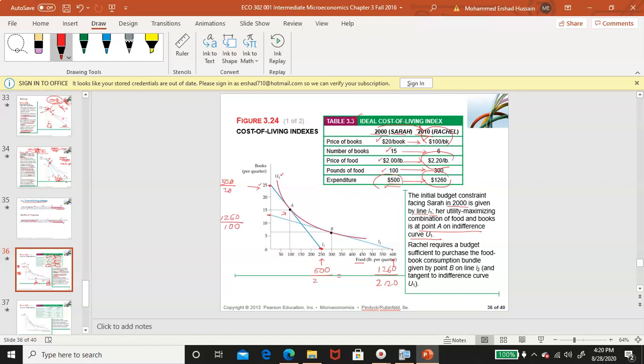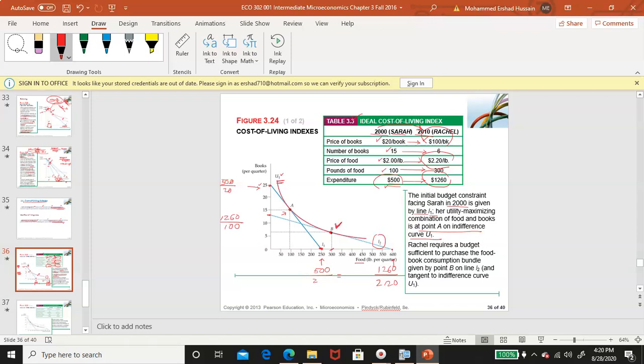But the new equilibrium will be at point B, because this is where the new budget line is tangent to the same level of utility, right? At A, this was the old budget line tangent with U1 utility. Now we have the new budget line L2 tangent at B. So this is the equilibrium.